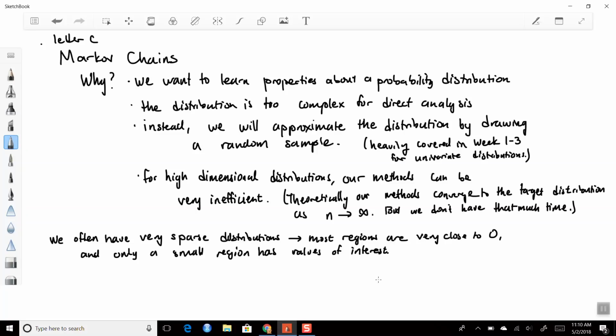Okay, so here's a univariate example. Generally, we're dealing in high dimensions.